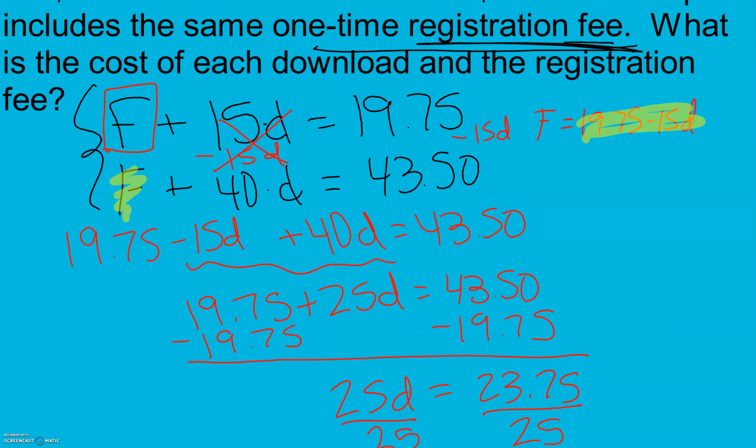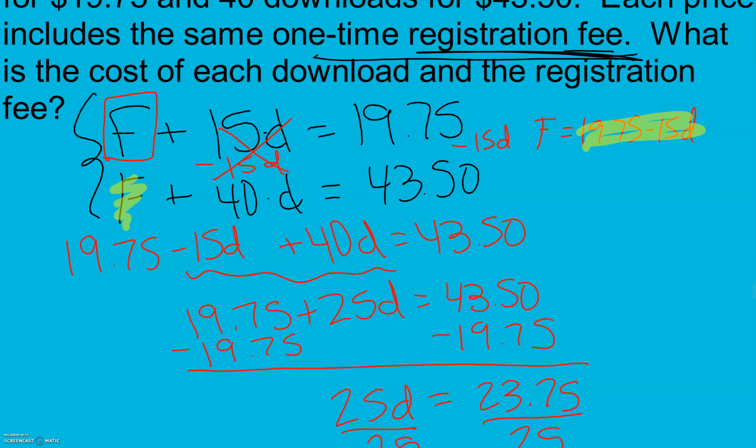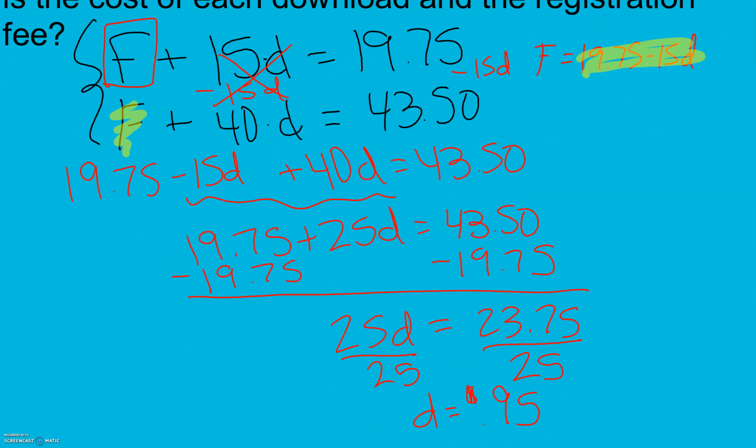Okay, it wants to know what is the cost of each download and the registration fee. So if I know the cost of a download is 95 cents, I can find my fee by substituting that in. So my fee is going to be $19.75 minus 15 times d, which is 0.95.